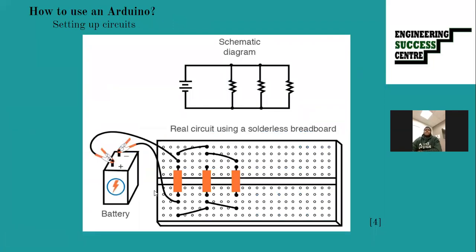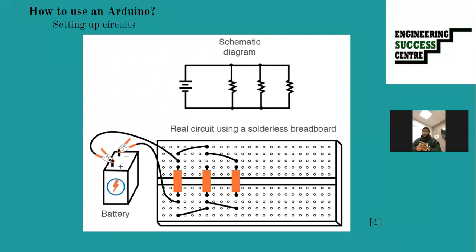Okay, setting up circuits. So when you use an Arduino, I guess you need a fundamental understanding of electric circuits and how they work to be able to interface them or design the circuit to fit your application.